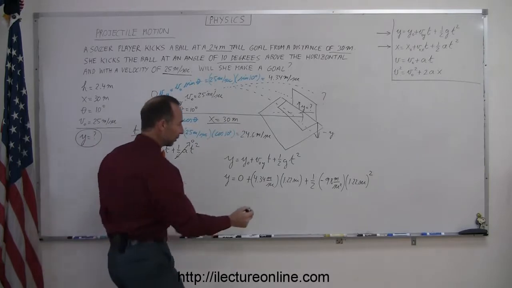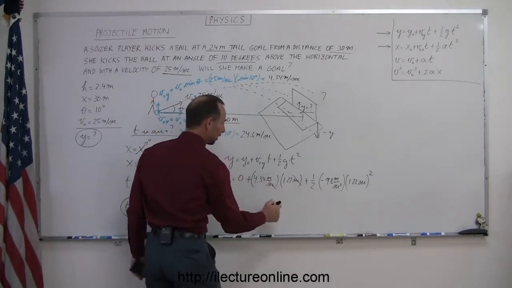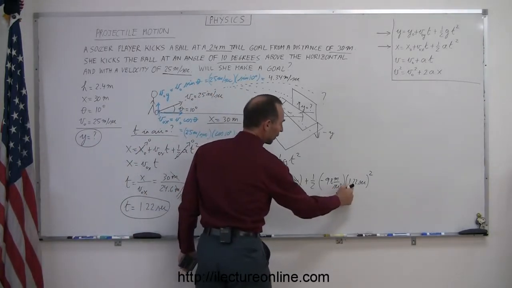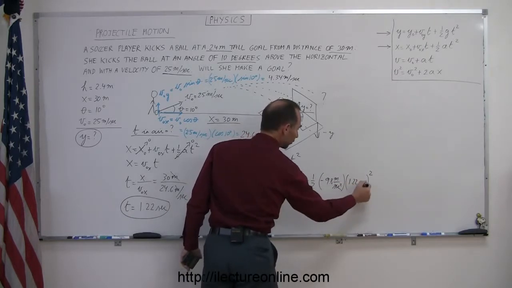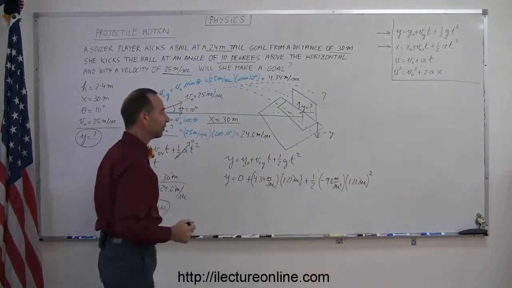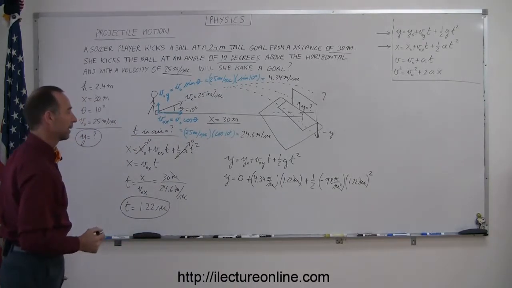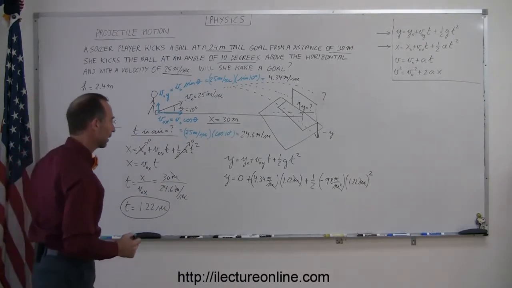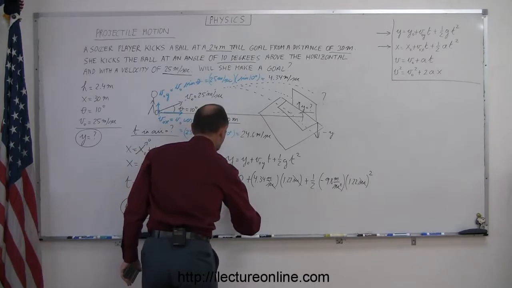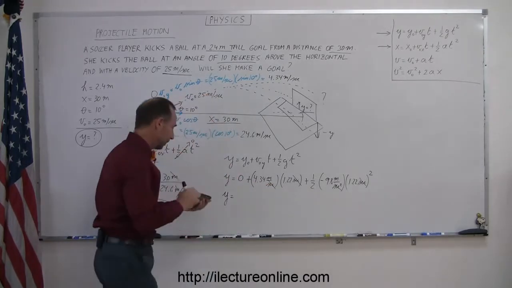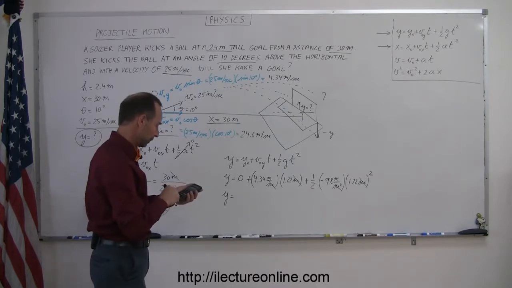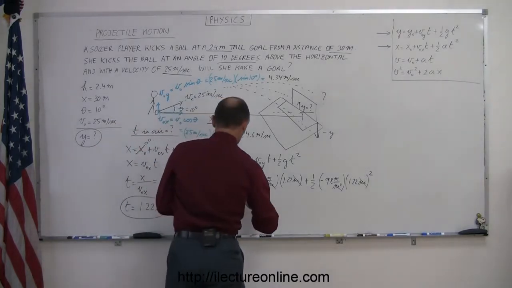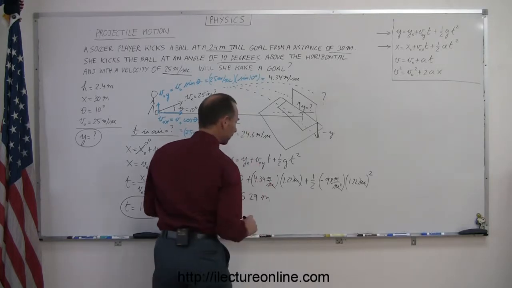Okay, simplifying our units, we have seconds here and seconds there. We have a 1 over seconds squared, and this would be seconds squared, so that cancels out. And now let's calculate what that is. y equals, this first part would be 4.34 times 1.22, so it would be 5.29 meters.